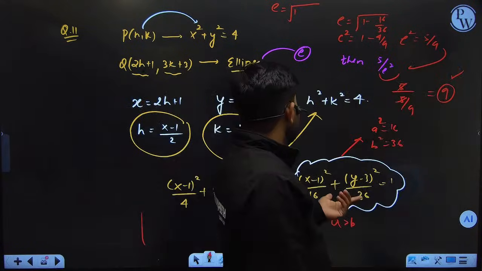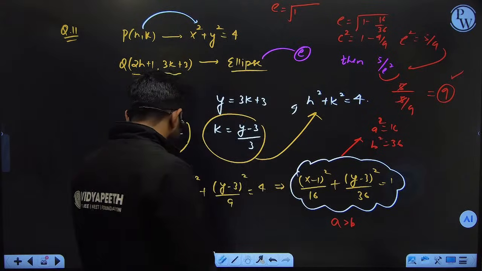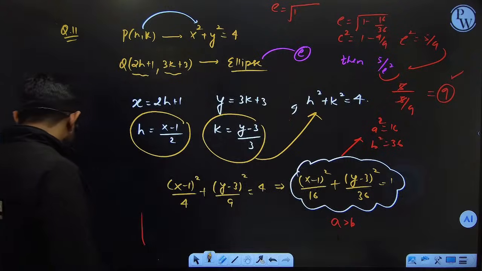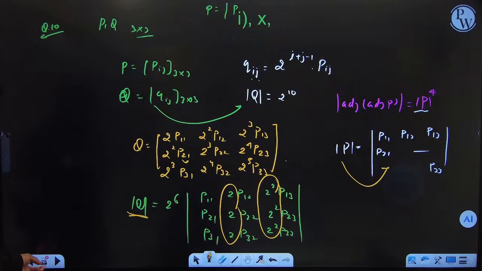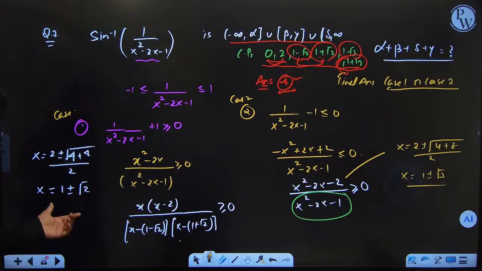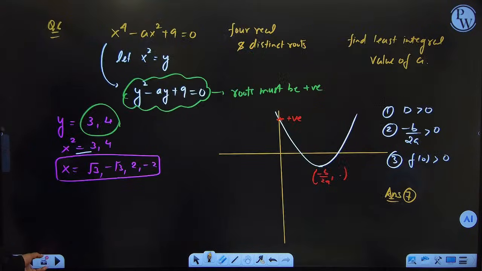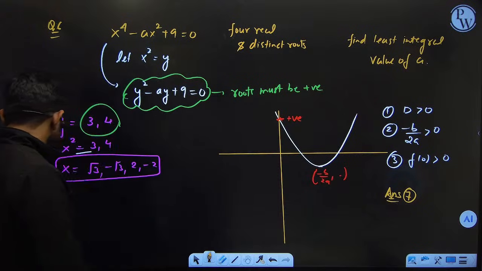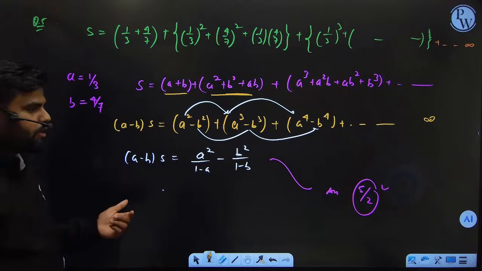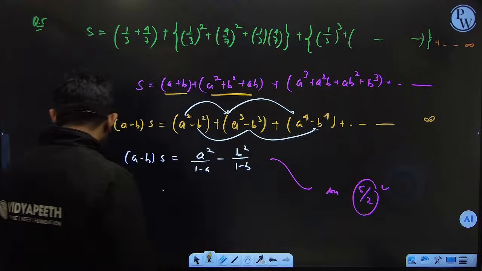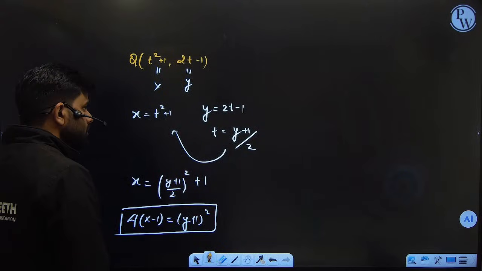Right. So there are 11 questions. We have more questions, but I will say this is a good paper for scoring. You can easily score in such questions because all the questions are easy in terms of calculation also, and you are familiar with such kind of questions. Even if somewhere the calculation is a little bit tricky or lengthy, it should not be a reason to skip the question.